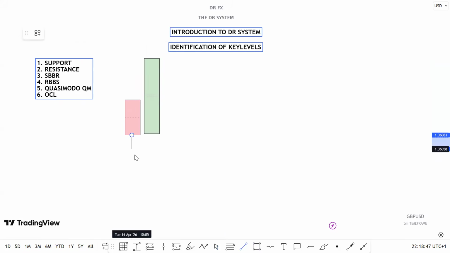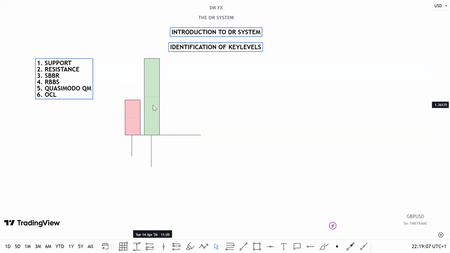We have a bearish candle with a wick like this, and we have a bullish candle. Once we have this formation of a bearish and a bullish candle, the exact meeting point right there is what is called a support.